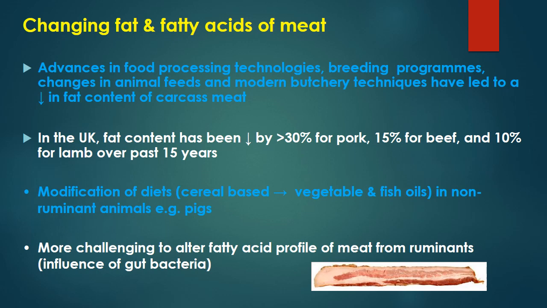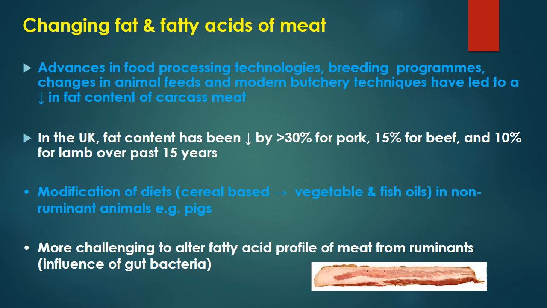And by modification of diets, that is the feeding of particularly ruminants or pigs, we can change the fat deposition. If we feed cereal based vegetable and fish oil, it can change the fat deposition or composition, particularly in the case of non-ruminants.